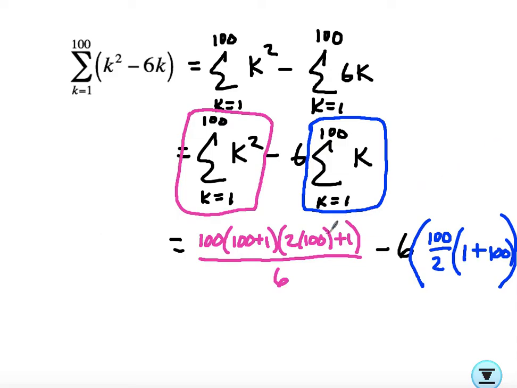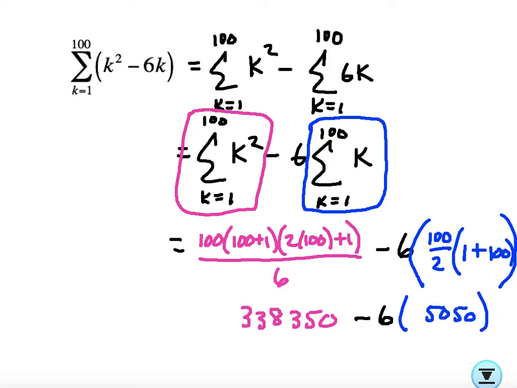All right, so then I would type all that in my calculator. The pink stuff, when you type that in your calculator, you get 338,350. And when you type in the blue stuff, you should get 5,050.